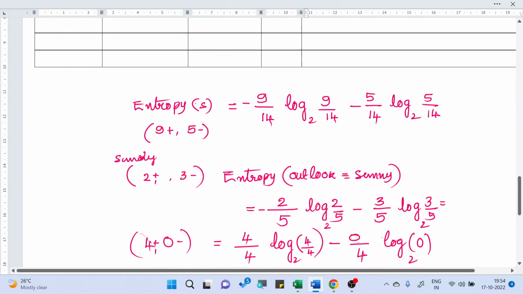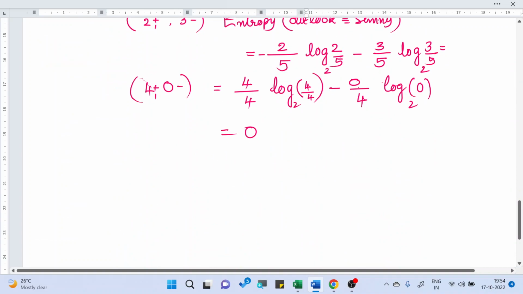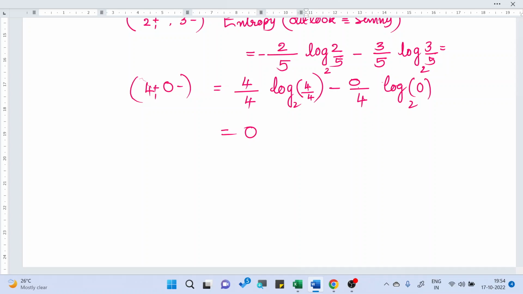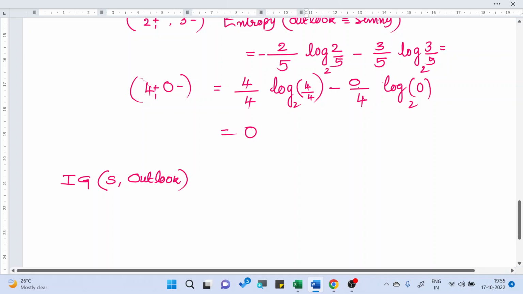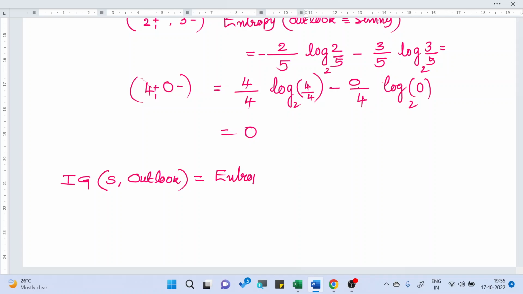Now let us calculate information gain. So information gain in the subset S, where the attribute is outlook, is the total entropy of S minus the fraction.